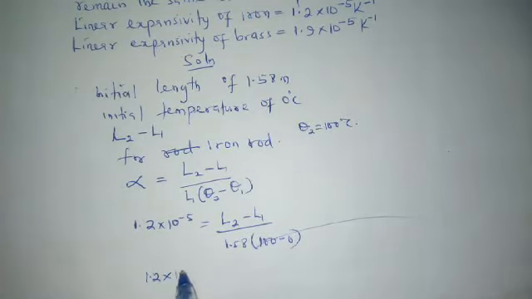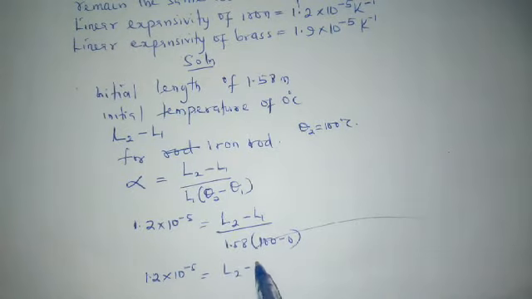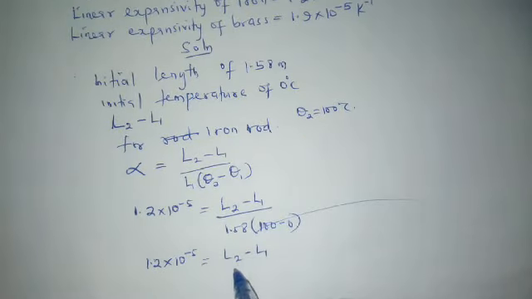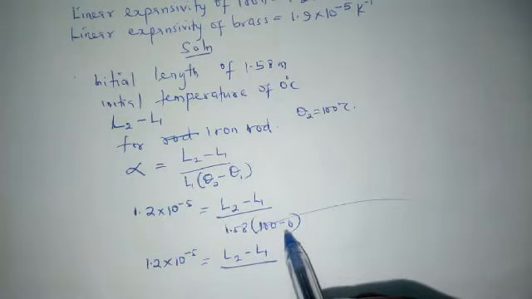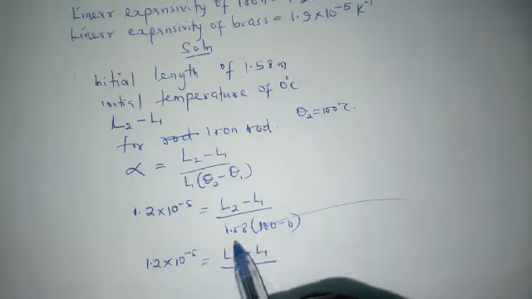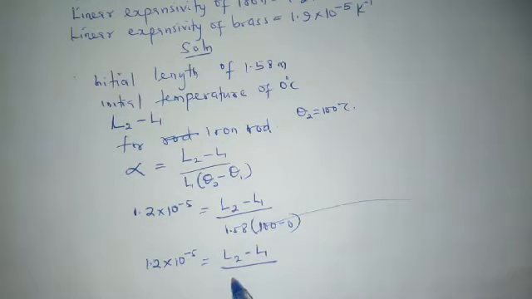1.2 times 10 raised to the power of minus 5 is equal to L2 minus L1, which is the final and initial length, over, when we do our subtraction here, 100 minus 0 will give us 100. 1.58 times 100 would give us 158. Then what we do here, we cross multiply.